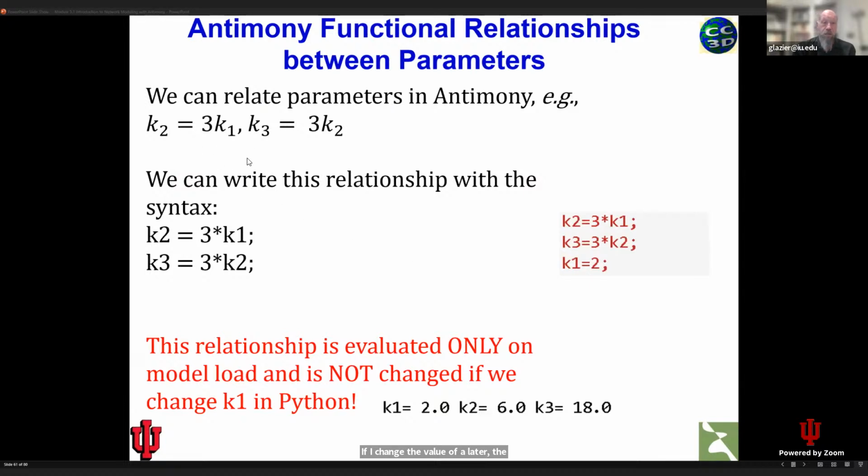I can write scaling functions, K2 equals 3 times K1, K3 equals 3 times K2. Those will all be evaluated, but only at the time of load. And that's going to become important because we're going to change values in Antimony as we run simulations, and anything with an equal sign will not be updated.